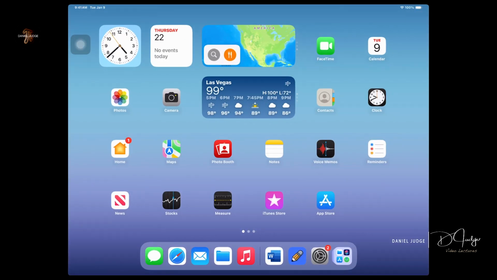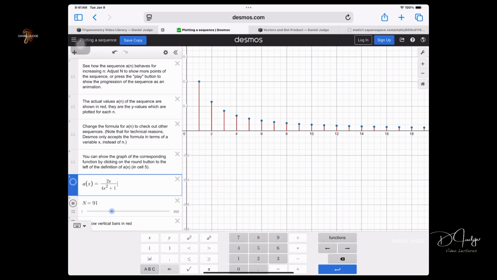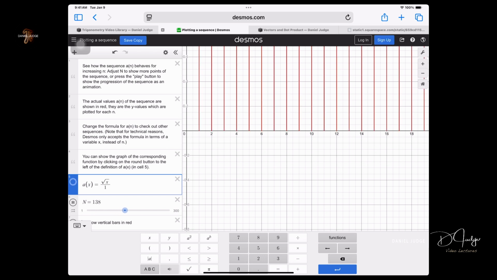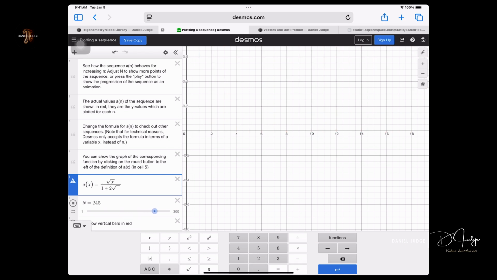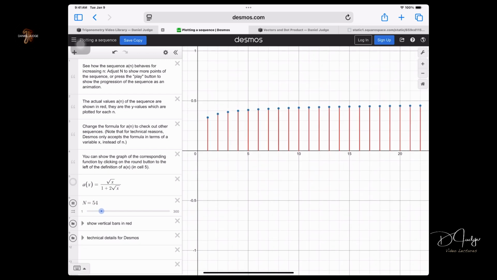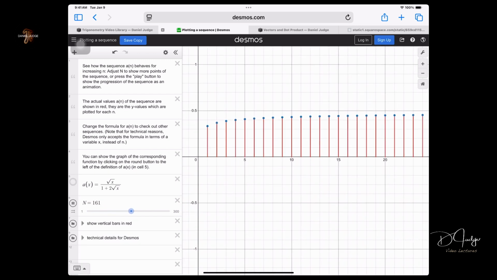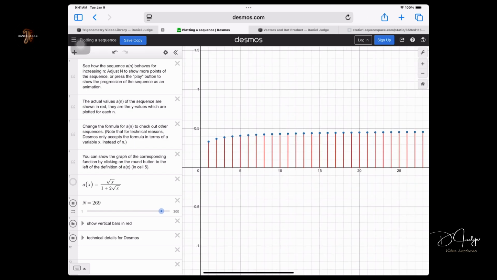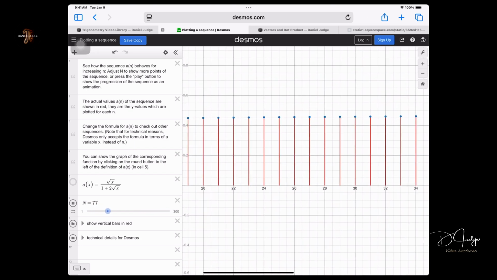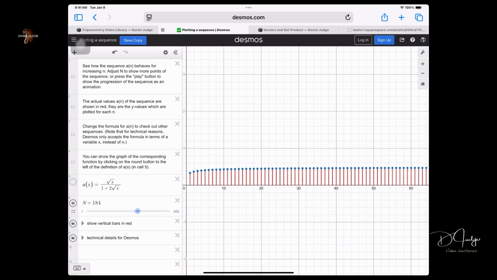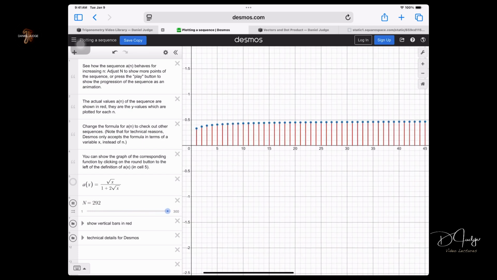So if you want to check Desmos, we have an issue here.